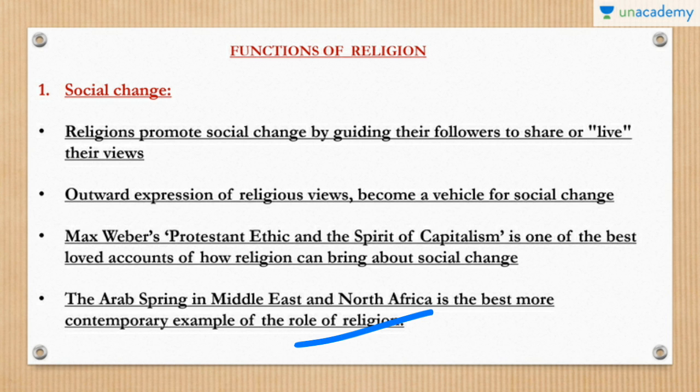The role of political Islam led to the success of the Arab Spring, and not only that, it also led to protests in other places. So this is how religion plays a very important role in social change.